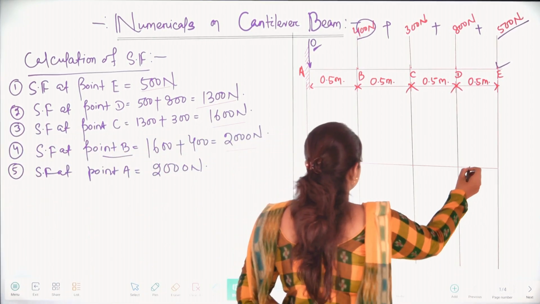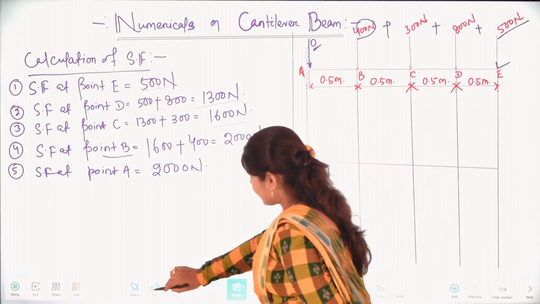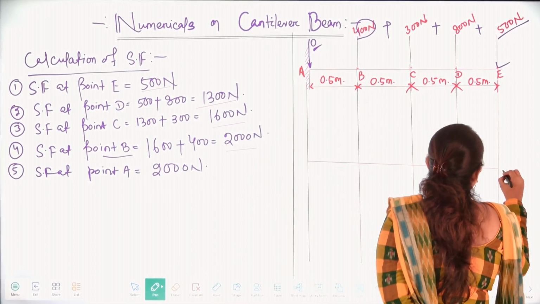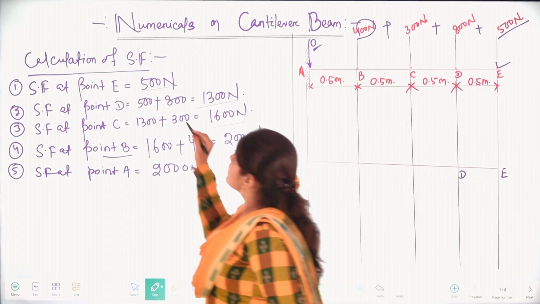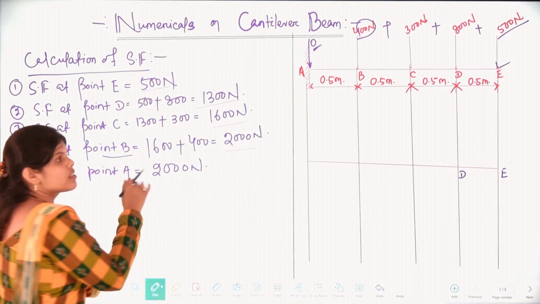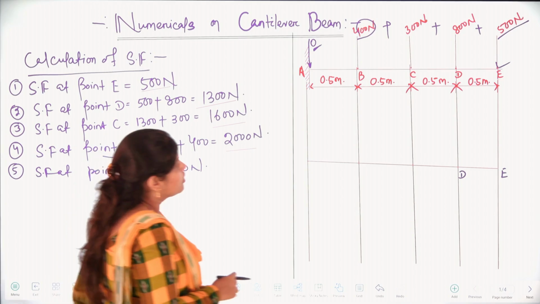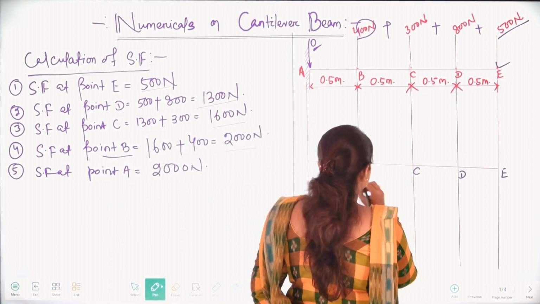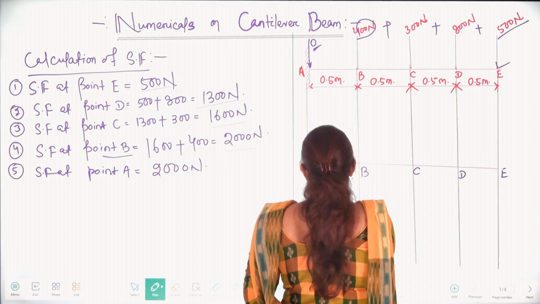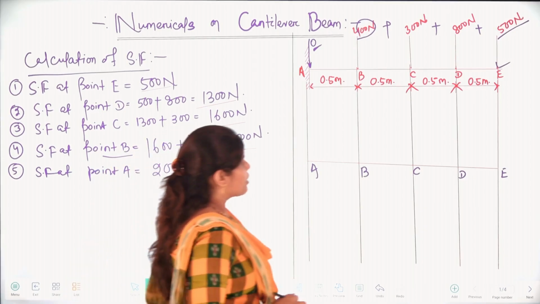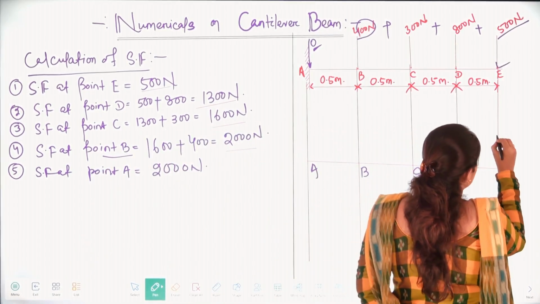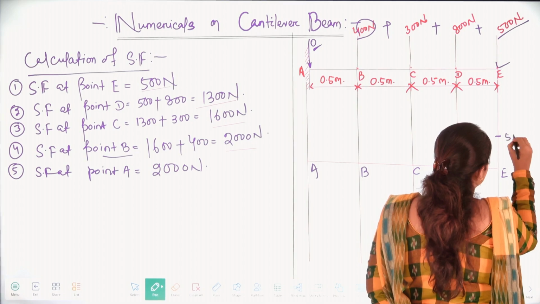So here, let's write it here. As we are having shear force at different values at different points, here we can draw different graphs for different points. So at point E we are having 500 Newton. Let this 500 Newton be here.